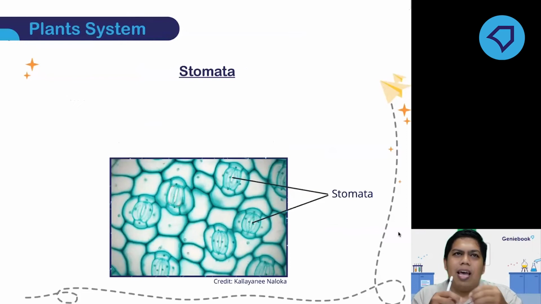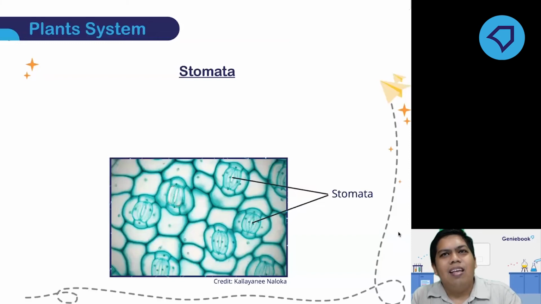Tear out a leaf from your void deck, put it between your microscope slides, and put it under your microscope. This is what you will see: in between the leaf cells, you will see tiny openings, like small holes. These are called the stomata.